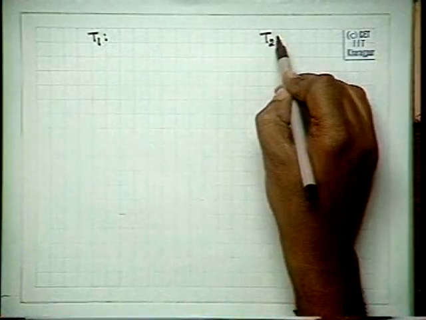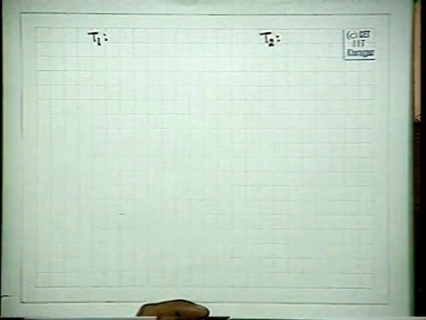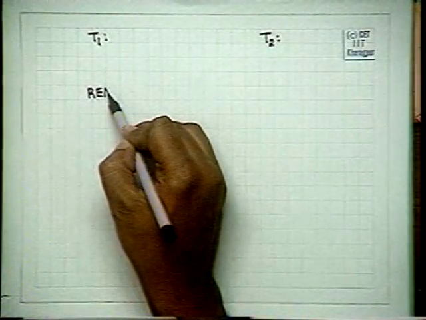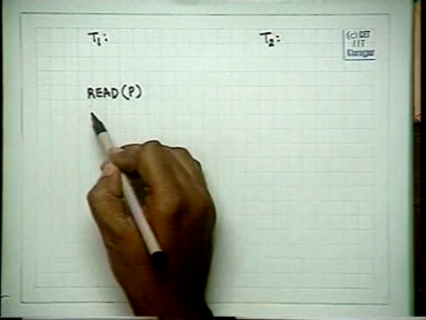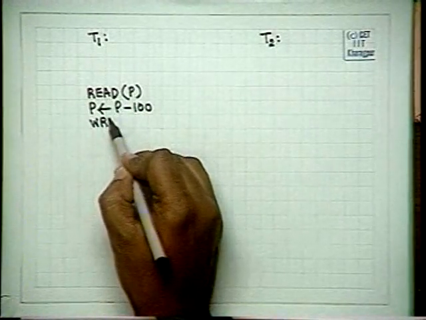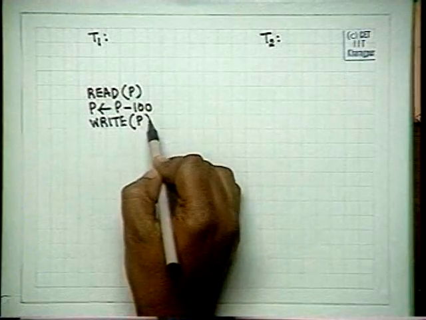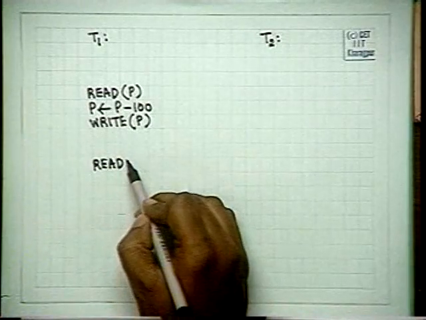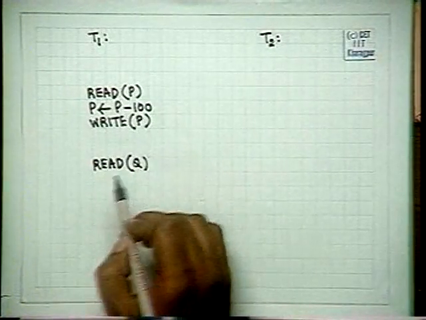But the issues of locking and unlocking are not so simple. We may think that suppose we have got a transaction T1 and we have got a transaction T2 and we have got the following statements. I am purposely leaving some blanks.